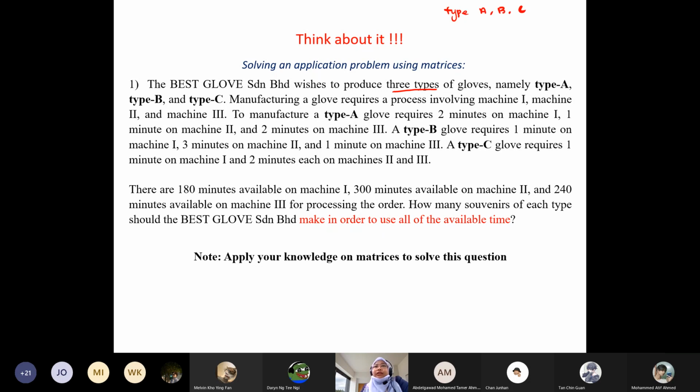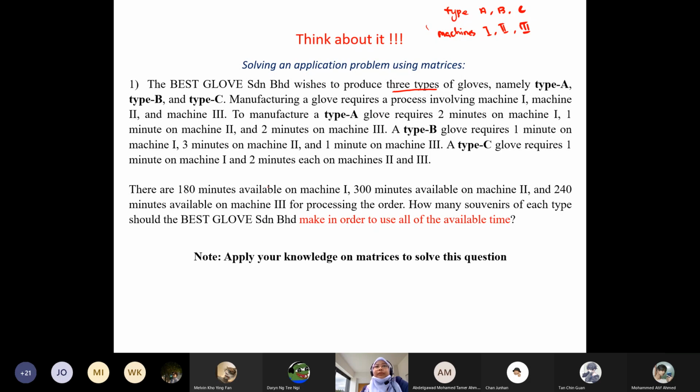Here the manufacturing requires a process involving machine 1. They have 3 machines to produce these gloves: machine 1, machine 2, and machine 3. Type A glove requires 2 minutes on machine 1, 1 minute on machine 2, 2 minutes on machine 3, and so on.